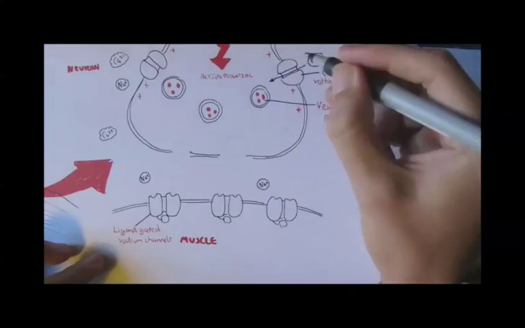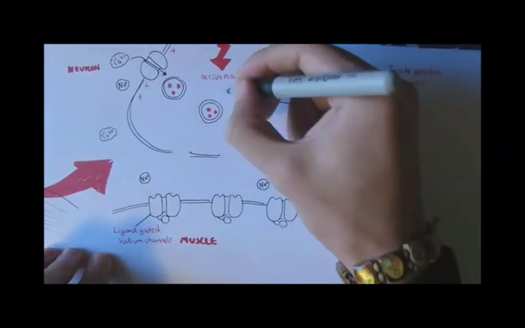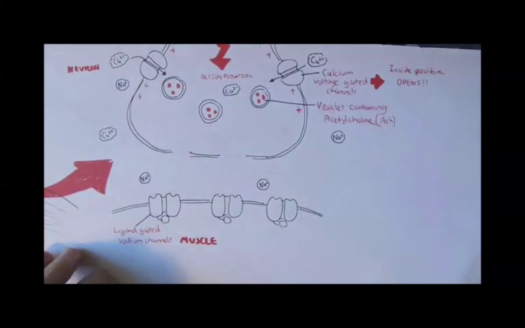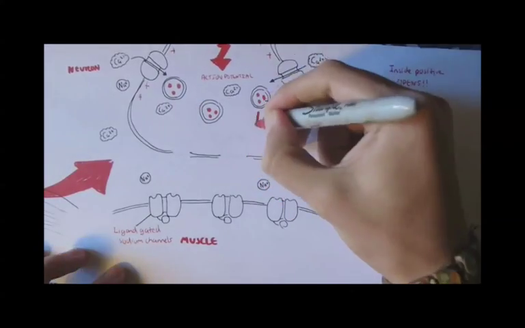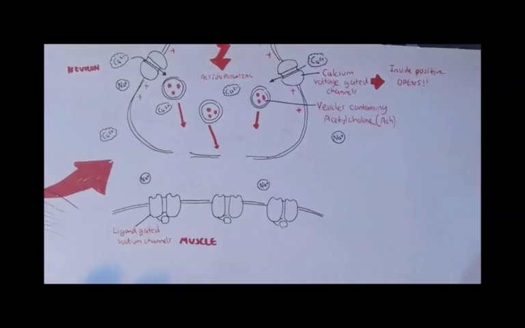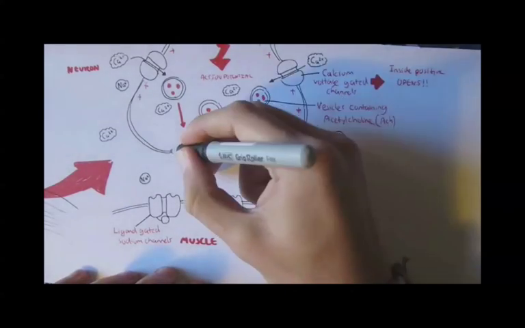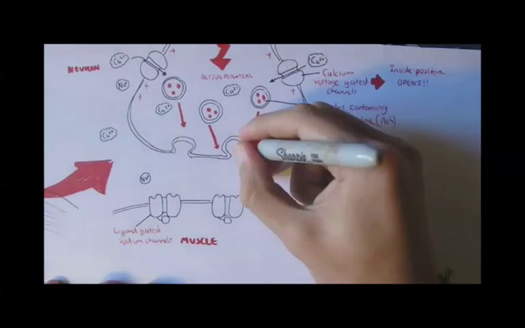So calcium influx. Now this calcium going in makes the end bulbs even more positive, and so causes these vesicles containing acetylcholine to release its content out. So here we got the vesicles releasing acetylcholine.